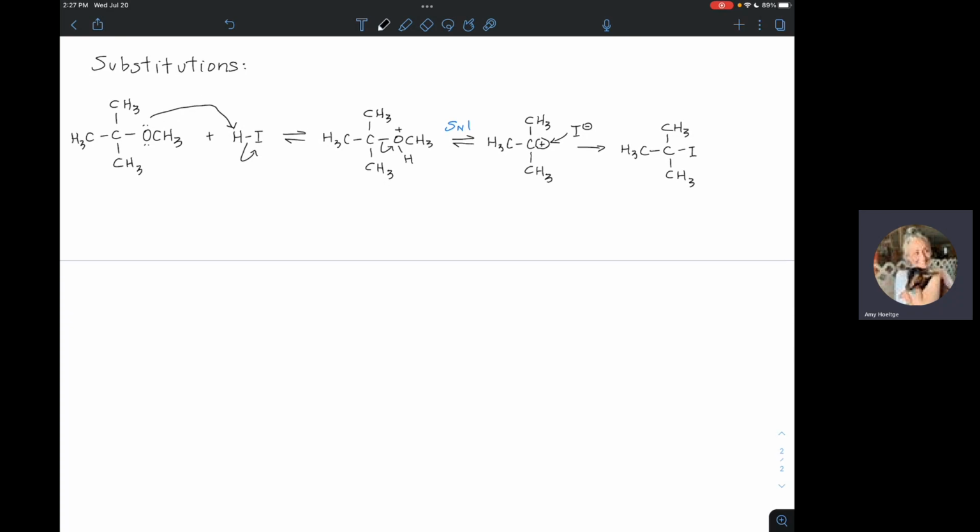So if I have something like this, and I'm going to put this up here to save space. So I'm going to come in and I'm going to protonate my ether. The halide's going to take off.